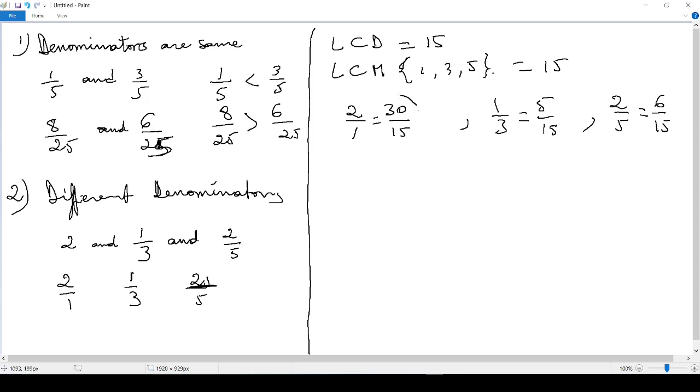Now we can compare them since they have the same denominator.